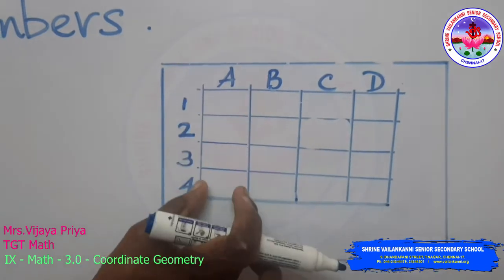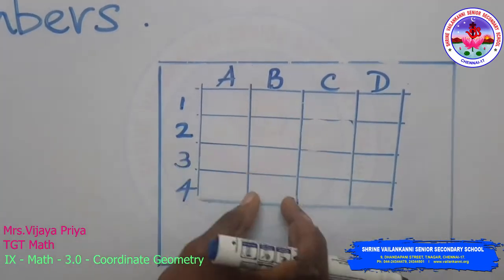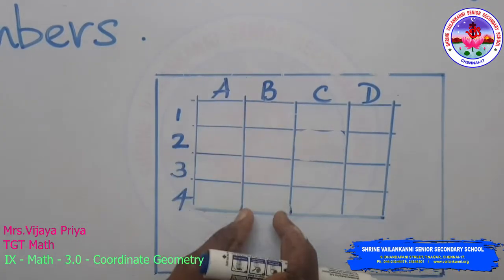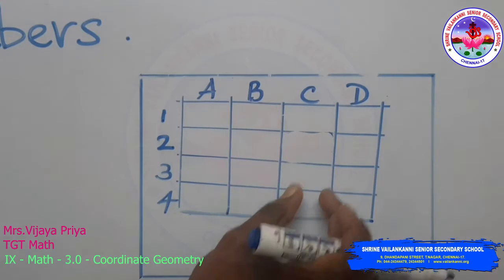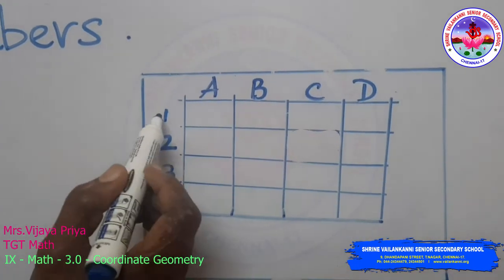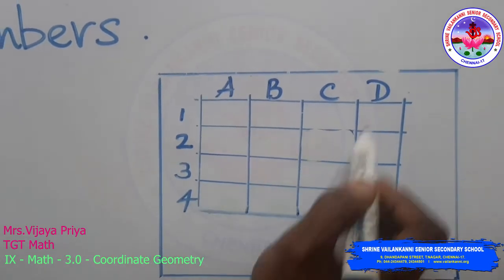Call this a column. So you will have 4 columns here, where A is the first column, B the second column, C the third column, D the fourth column. So we represent 4 rows and 4 columns here.